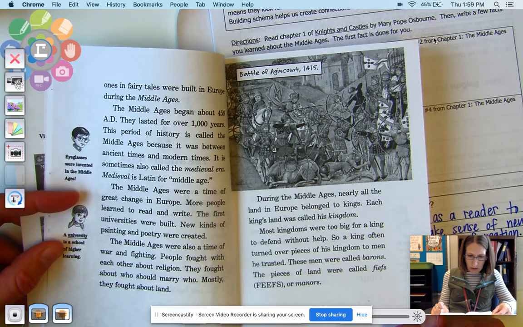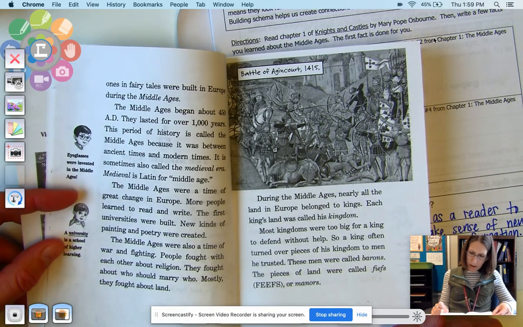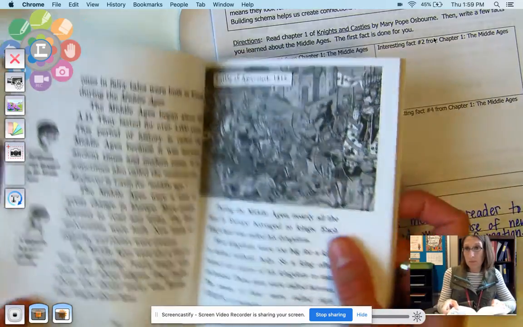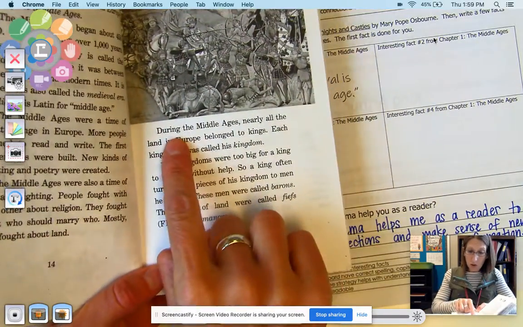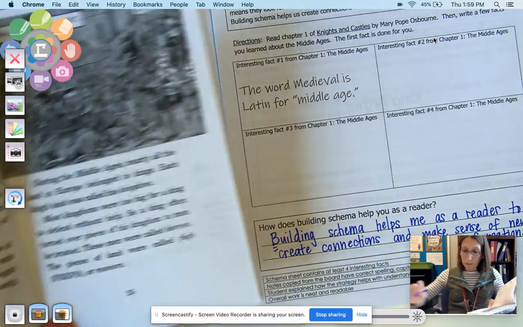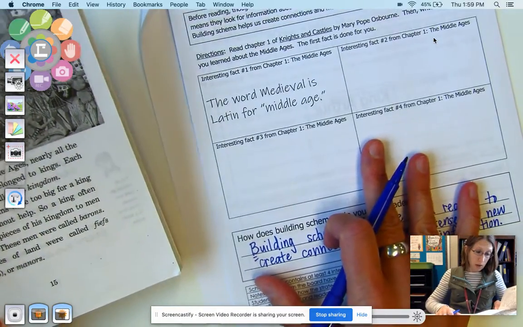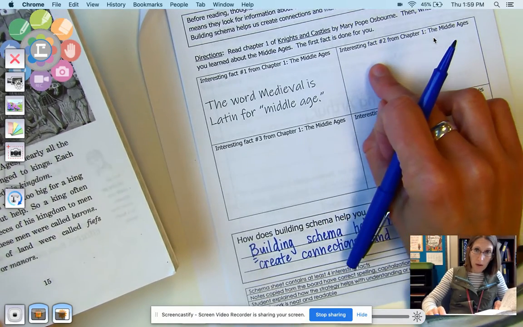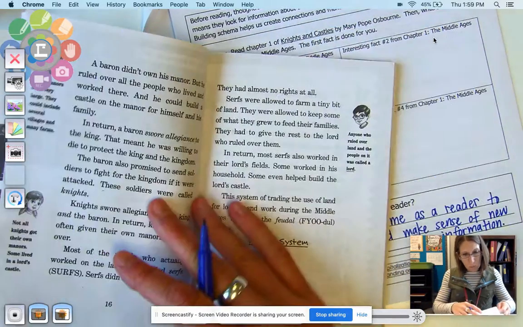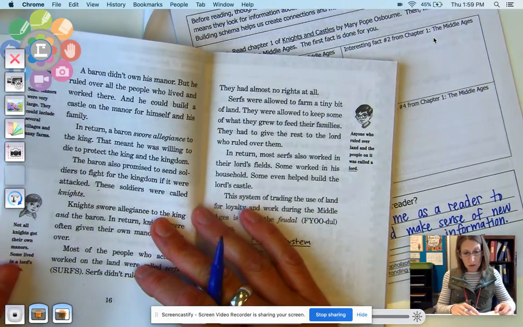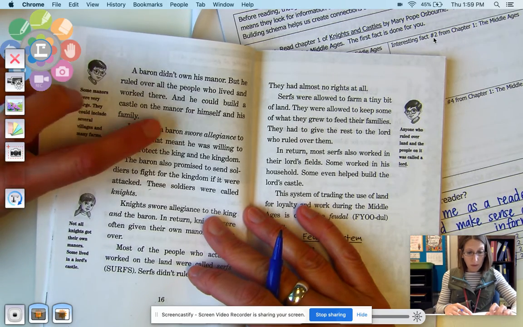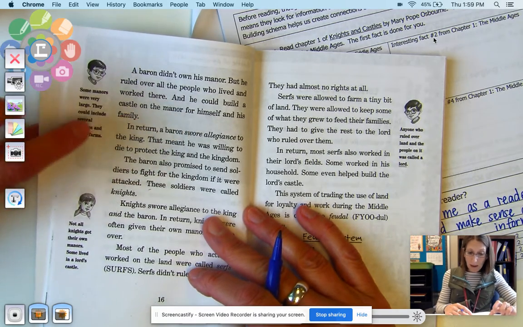Another one, let's see, we could look back and see what we read about. Well, let's choose something. We could use this fact: during the Middle Ages, nearly all the land in Europe belonged to kings. So we could write that as our interesting fact, and we could write that here. And then maybe we could write about what happened when the baron swore allegiance to the king.